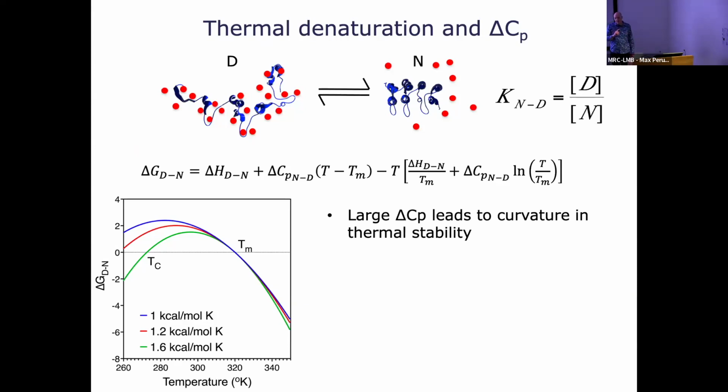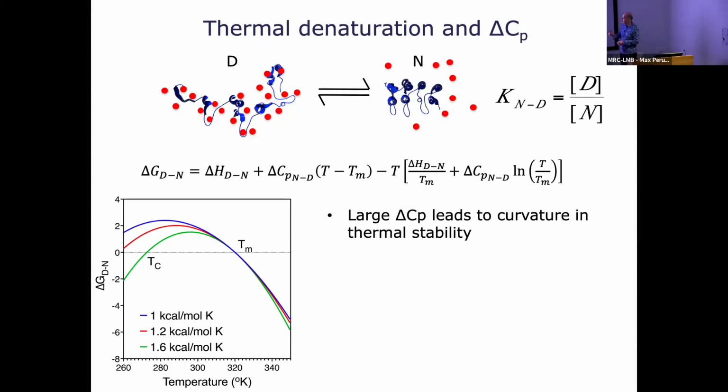But there is a consequence of this curvature. If we cool things all the way down, then at the bottom there, you can see in green particularly, you're going to get unfolding at cold temperatures. Thankfully, for most proteins, the temperature where it cold-unfolds is way below 0.